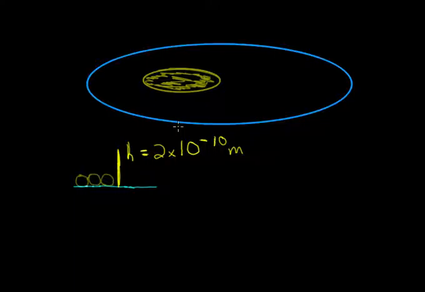Well, it's a circle, and we're looking at a cylinder. So we're going to have a volume coming out of this. And the volume is going to be the equation for a cylinder's volume, which is pi r squared times h.